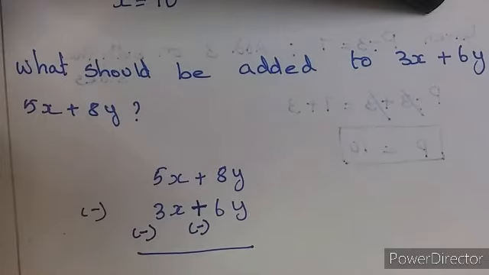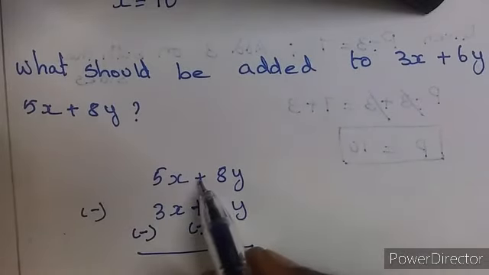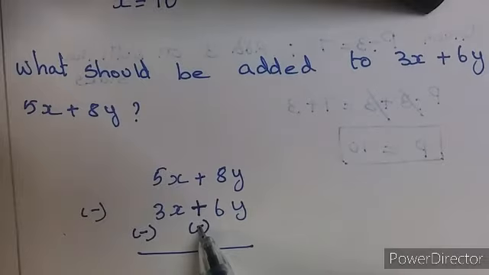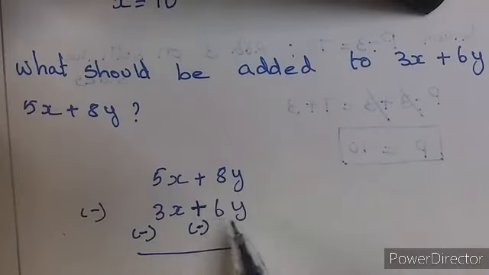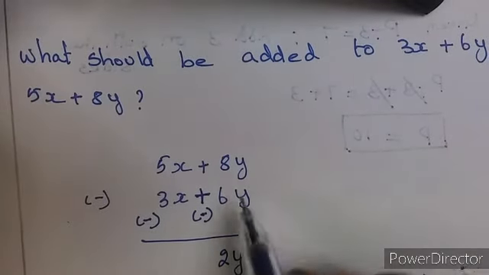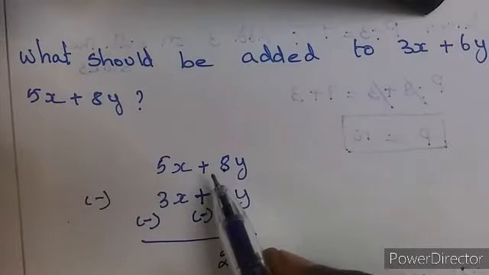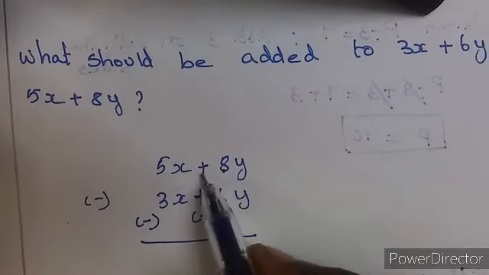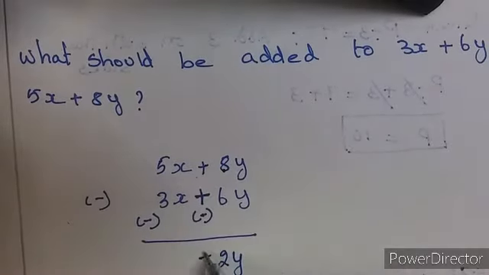Now plus into minus, I want to subtract these two numbers. So 8 minus 6 is 2, the variable is y. Which number is greater? 8, and the sign for that is plus.